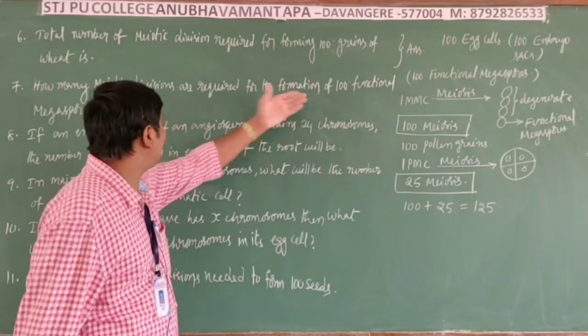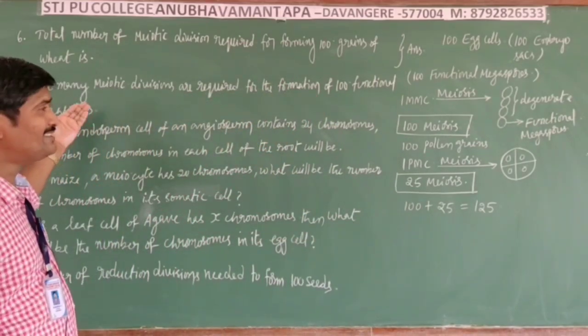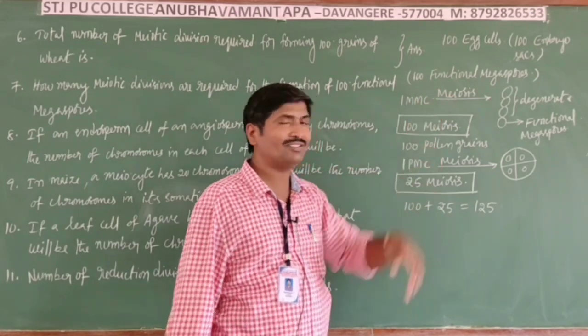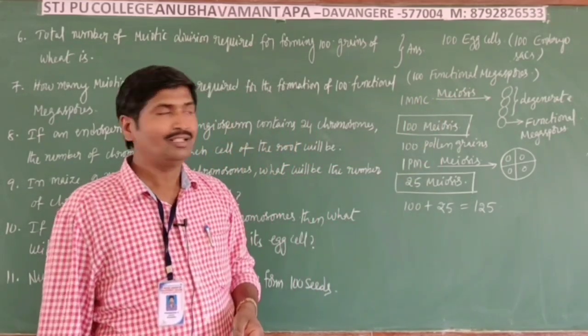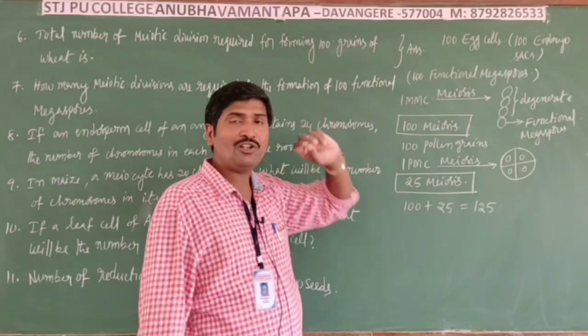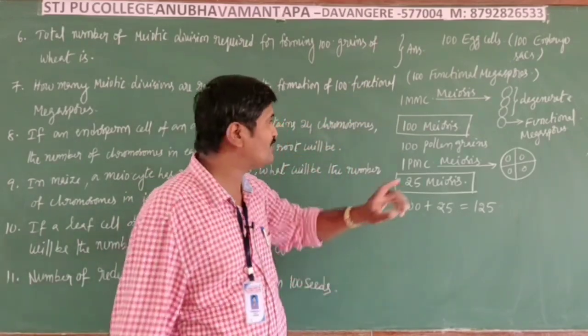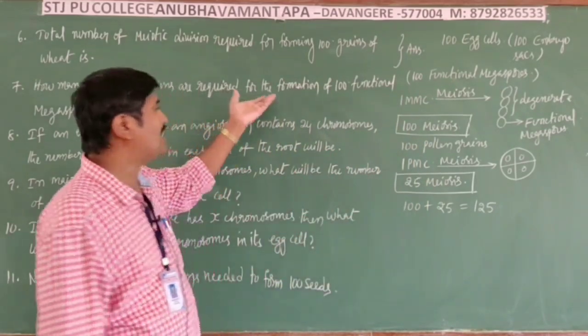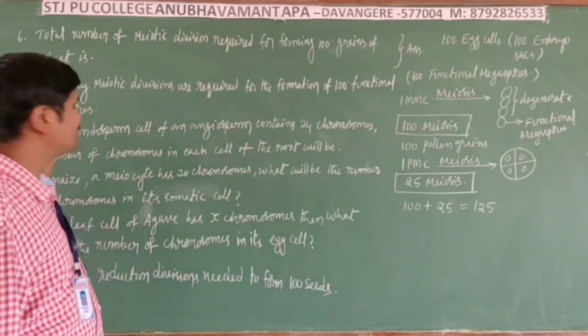That's why 100 functional megaspores is equivalent to 100 meiosis. For the formation of one functional megaspore, one meiotic cell division is required. Answer is 100.